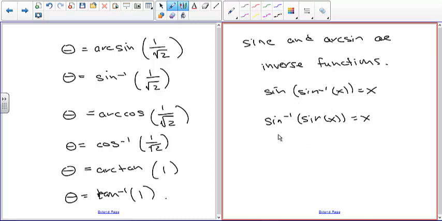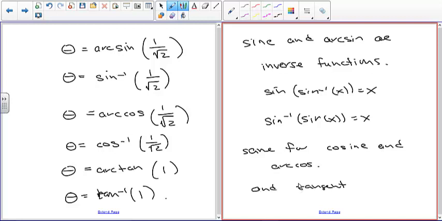And you can do that with the other functions: the same for the cosine and arc cosine, and tangent and arc tangent. That's how we use these properties to solve trigonometric equations in pre-calculus.